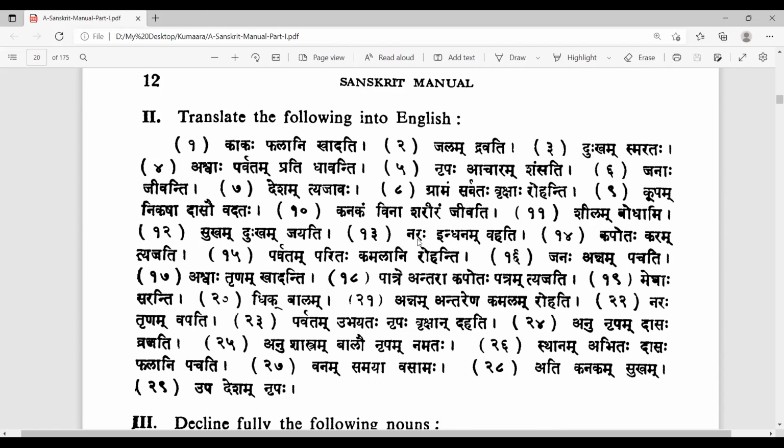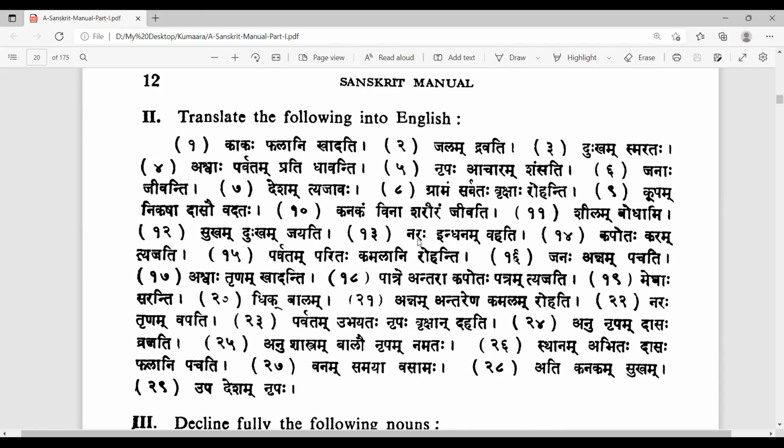Not inside the food, but without food. Annam is without food, without water. That's what it means. Antarena means without. Antara is different. Antara is in between. Antarena is without. Antarena, vina, same. Without. Okay. Annam is Dvitiya Vibhakti.